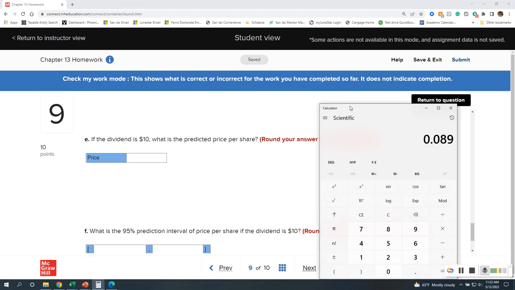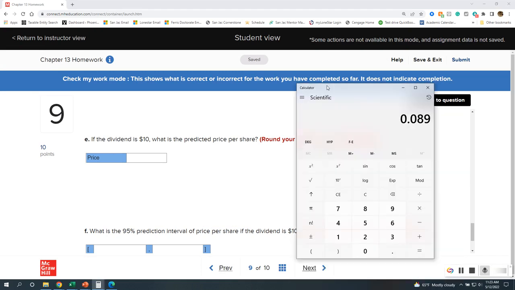So if I calculate, for me, it's 10 times 2.4082 plus 26.9754. Again, basically it's your x variable, your slope, times wherever x happens to be, 10, plus your y-intercept.